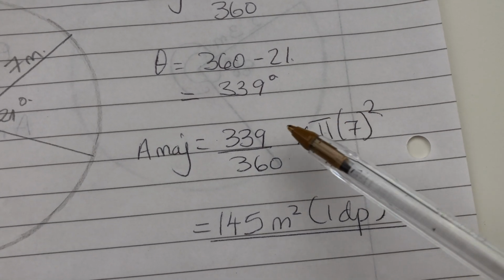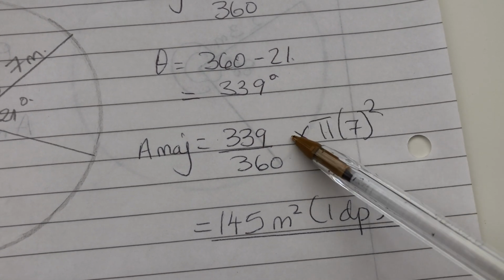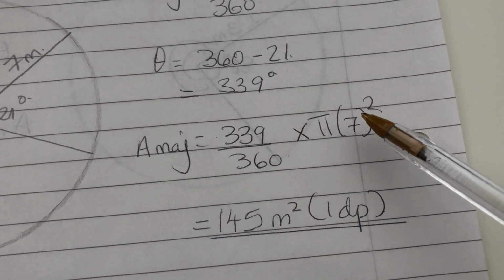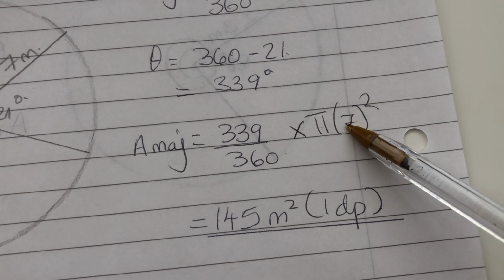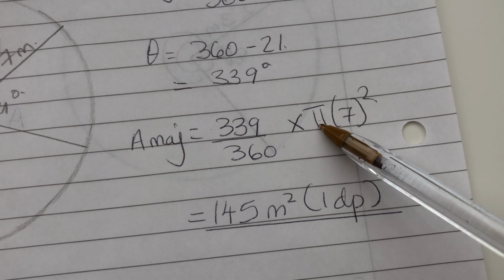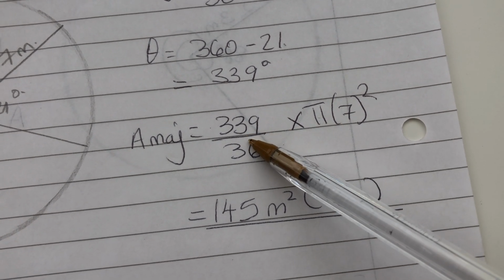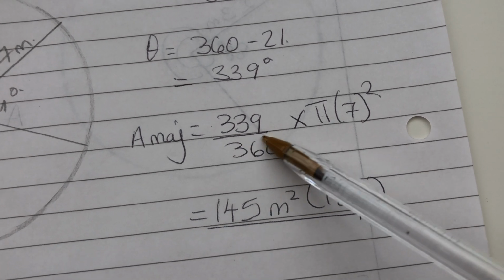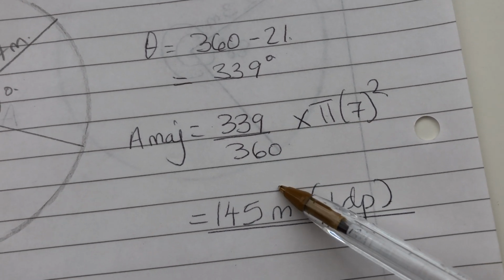And again, if you do it on the calculator, you can do 7 all squared, 49, times pi times 339, and then divide by 360.